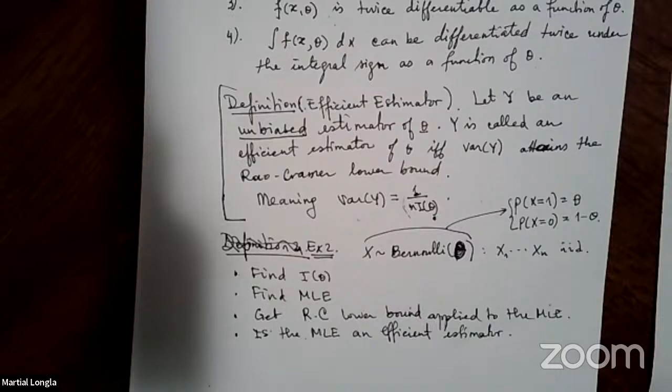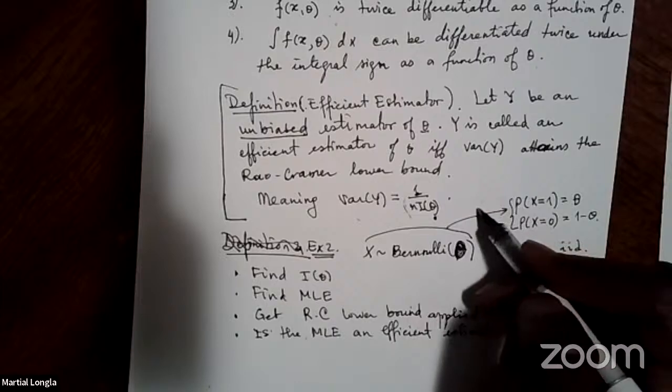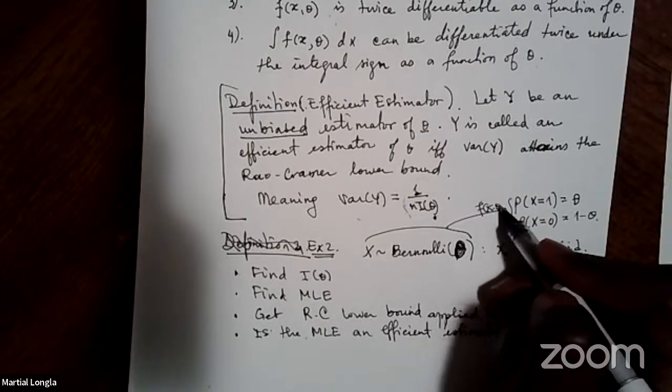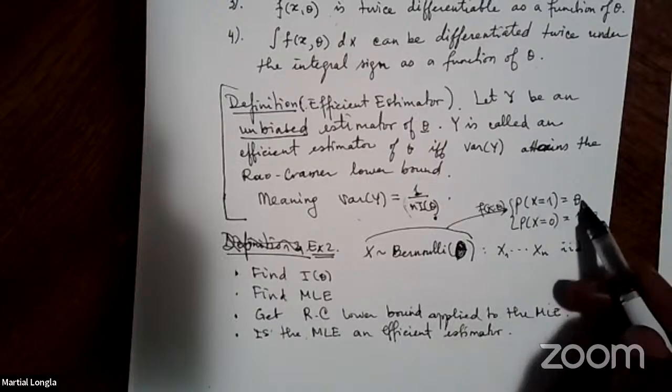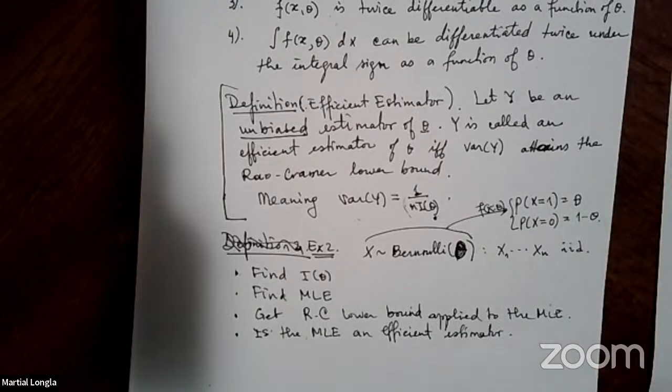It has only two values. Instead of f of x theta, what you have is p of x theta. So you use that in place of the little f in working out this example.